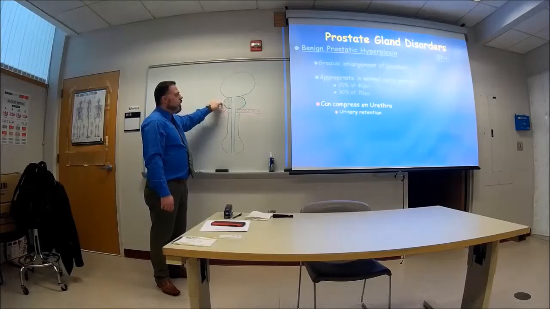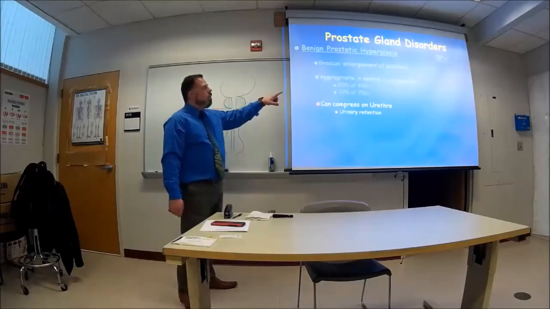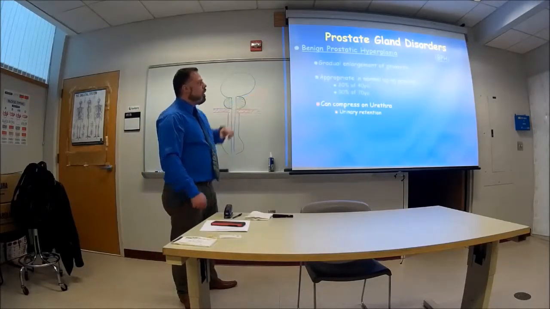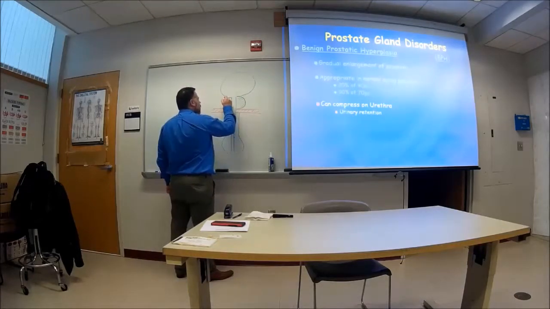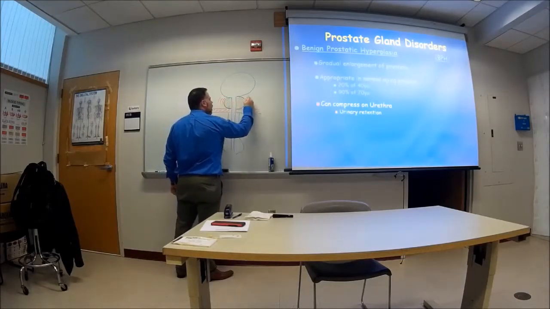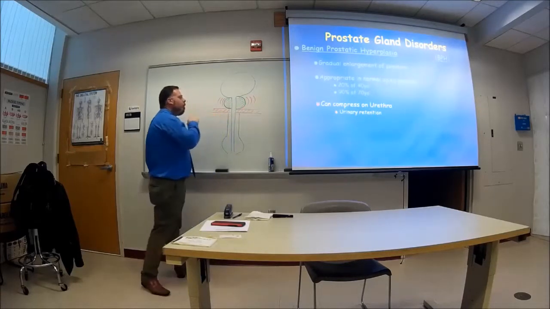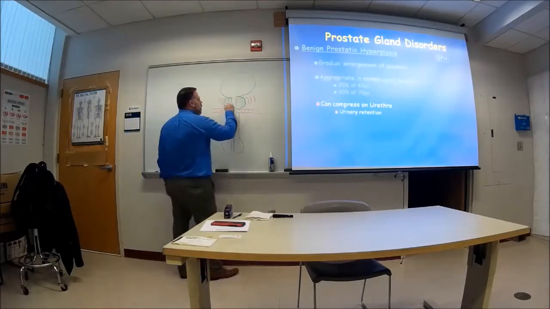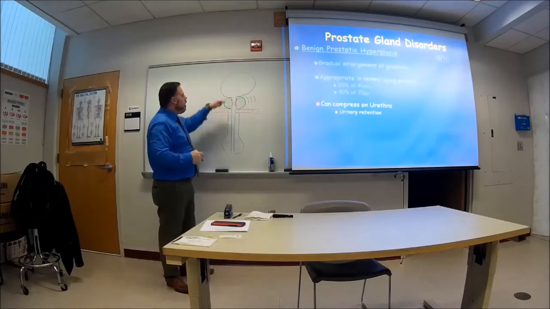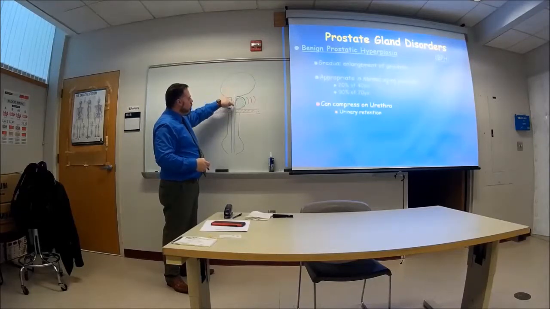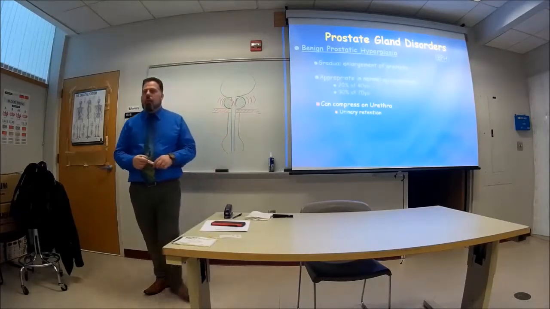The prostate is here. So what I'm saying here, prostate gland, benign prostatic hyperplasia, is that what will happen is this prostate will enlarge. But it can also enlarge not just that way, but it enlarges this way too. And when it does, it's going to block urine from going full strength out there.